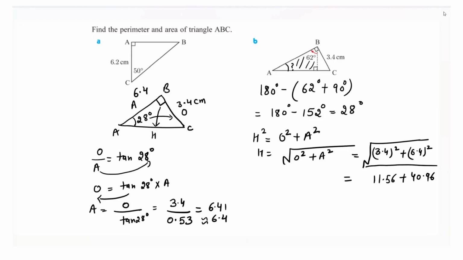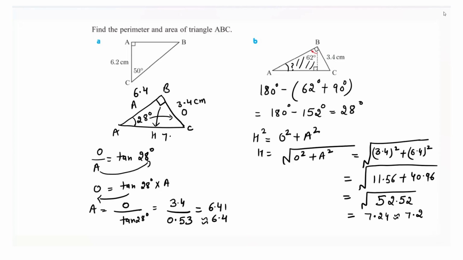40.96. Now we have to add 11.56 with 40.96, which is equals to 52.52. Now let's take a square root of this value. And when we will take a square root of 52.52, we'll get it equals to 7.24, which is approximately equals to 7.2.